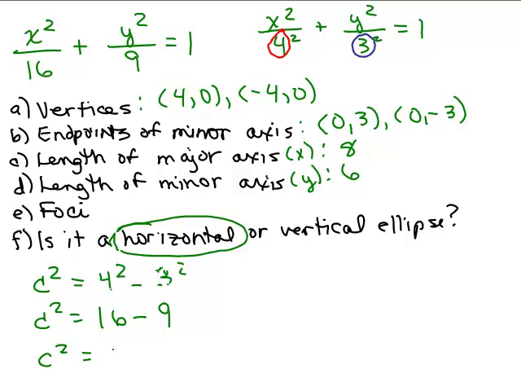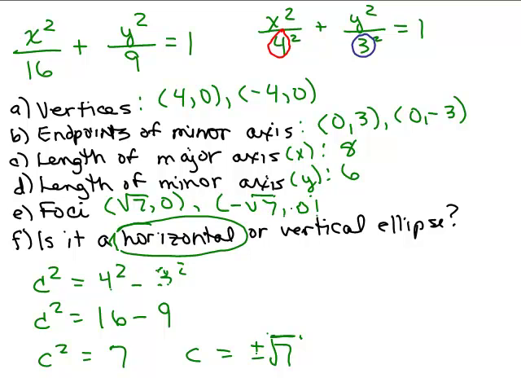So if c squared is 7, then c is plus or minus square root of 7. Is that on the x-axis or the y-axis? They're on the major axis, which is the x-axis. So this will give me square root of 7, 0, and negative square root of 7, 0. It's on the x-axis. And so there's our first problem.